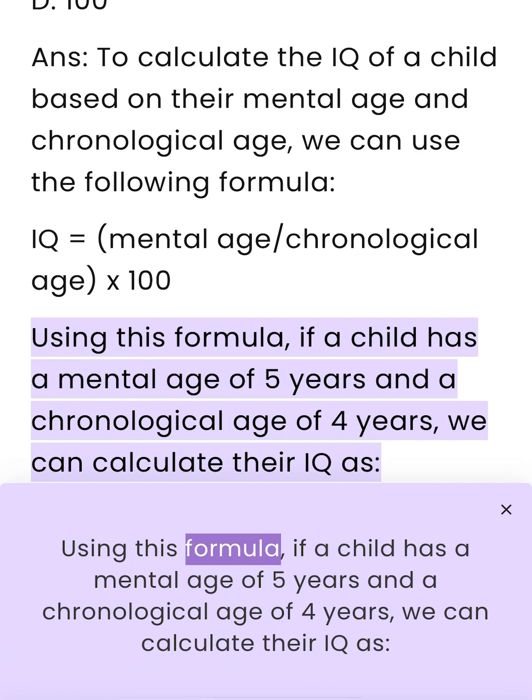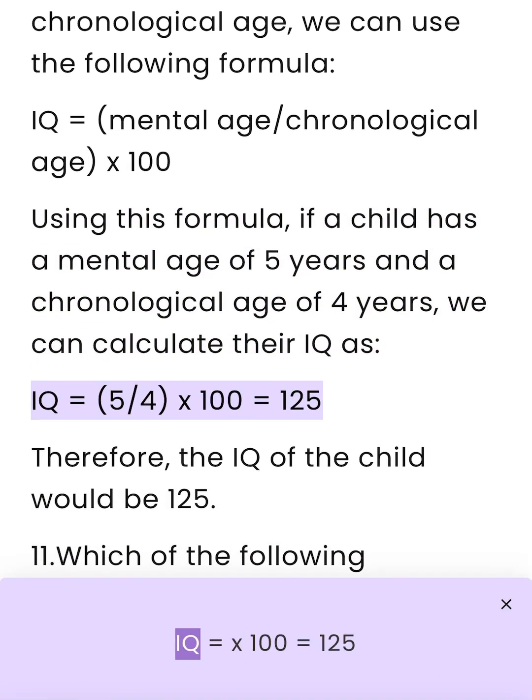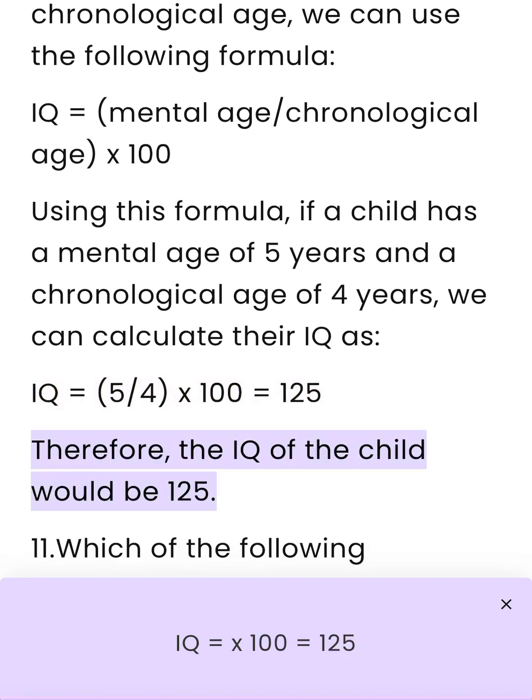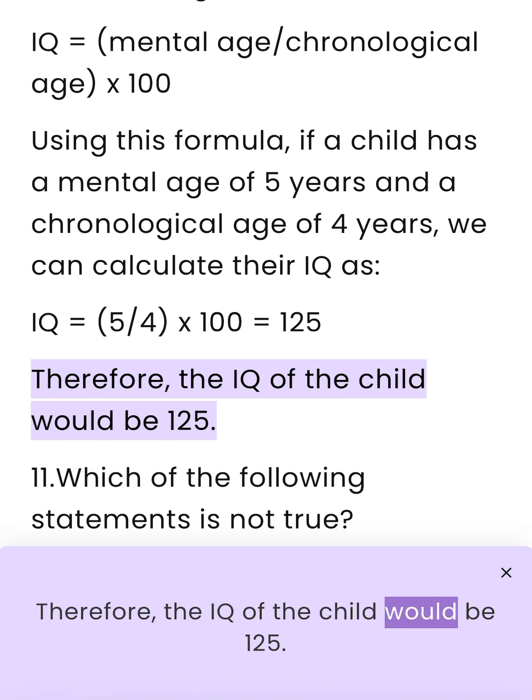Using this formula, if a child has a mental age of 5 years and a chronological age of 4 years, we can calculate their IQ as 5 over 4 times 100 equals 125. Therefore, the IQ of the child would be 125.